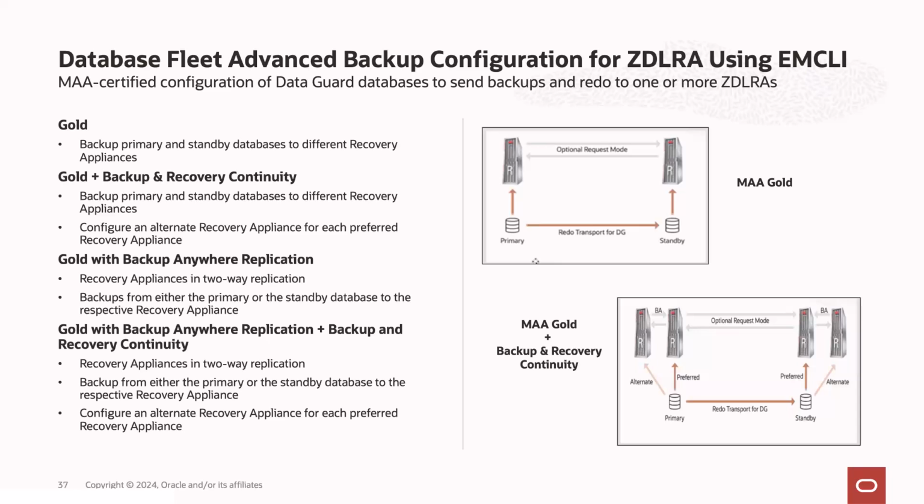Gold with backup and recovery continuity, where backups of both primary and standby databases have a preferred and an alternate recovery appliance. So if the preferred is unavailable, then it will send the backup to the alternate. The setup also supports backup anywhere replication. So instead of performing backup from both primary and standby, it will only back up from one database and replicate to the other recovery appliance.